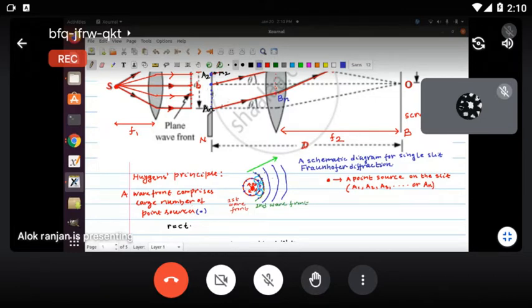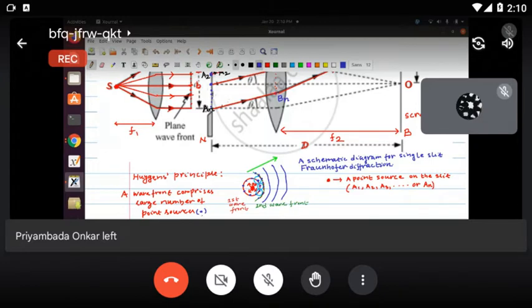In order to understand Huygens principle, let's consider a point source. It says that at a time t, the light will travel a distance r radially, because this is a point source. And the distance would be c, which is the velocity of light, multiplied by the time t.